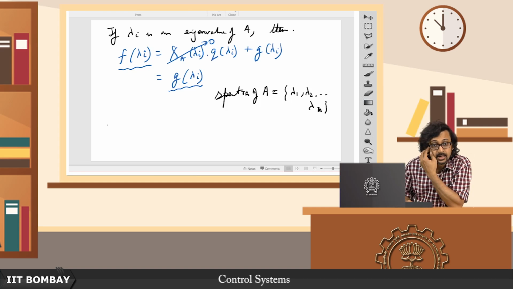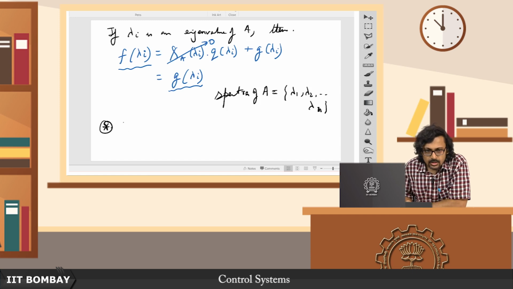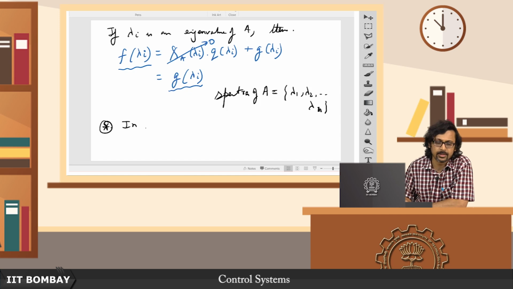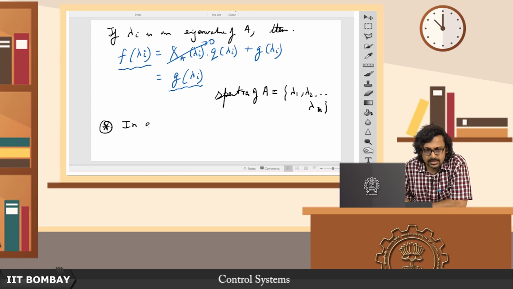So here is an interesting fact from complex analysis. I am going to state this without proof; as you go through your courses on complex analysis you will find that this is a standard result.